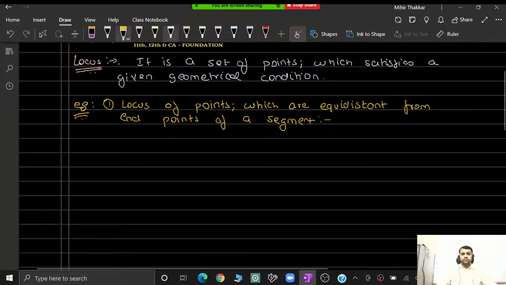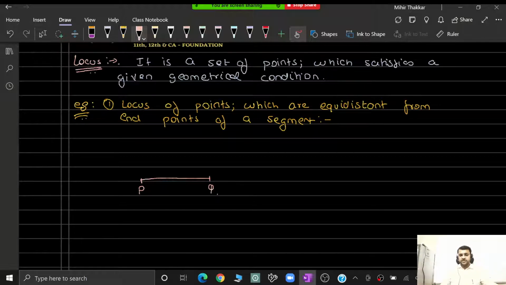Let me consider over here the segment PQ. Obviously, the point which is equidistant from both the endpoints P and Q has to be the central point or the midpoint of this segment PQ. Let me consider this is R.